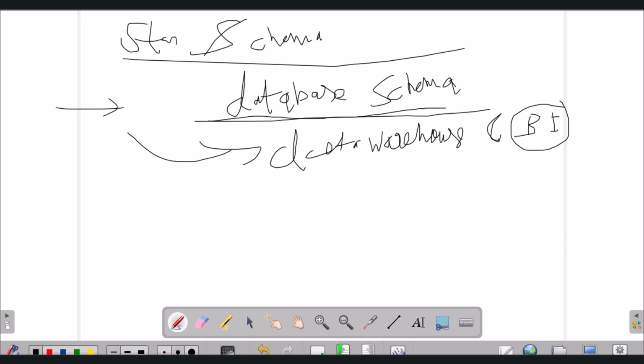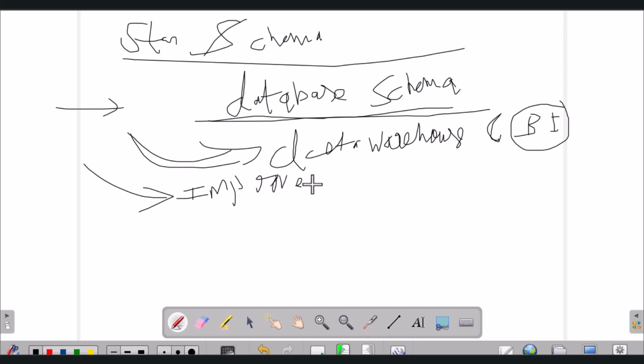Star schema is a database schema, and it is used in data warehousing and business intelligence. It is designed to improve the efficiency of data retrieval. Are you understanding? So this is a particular thing.